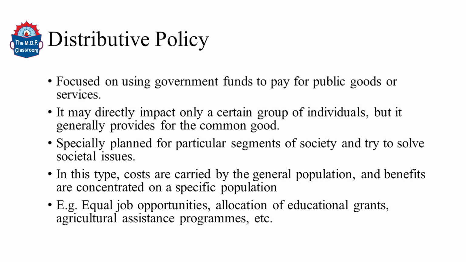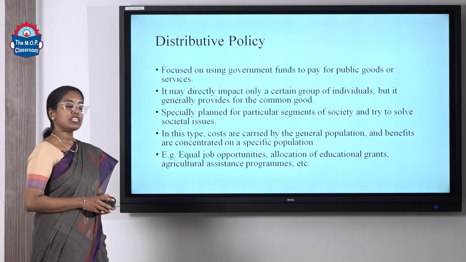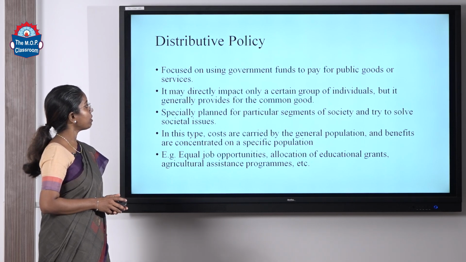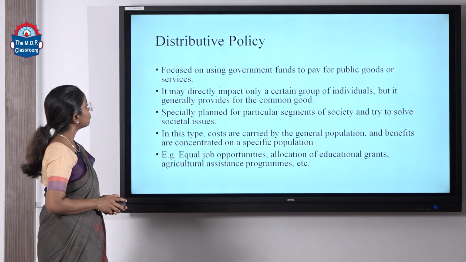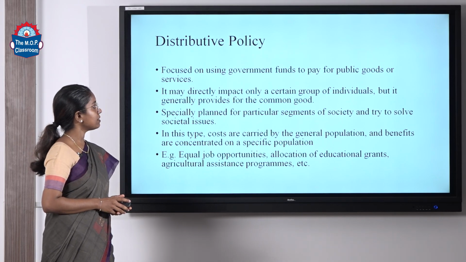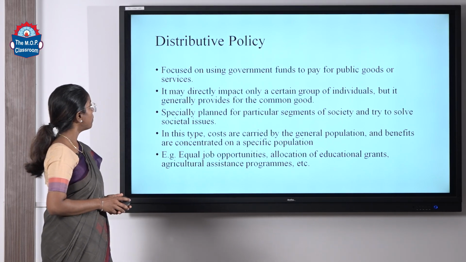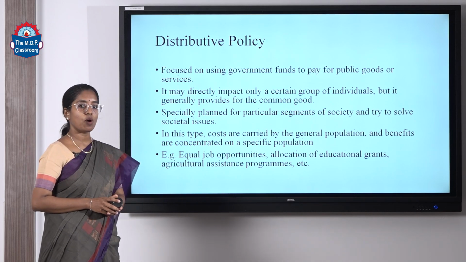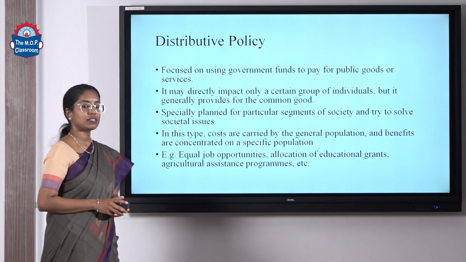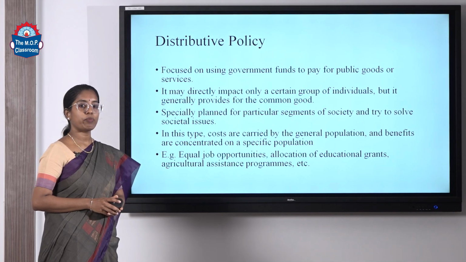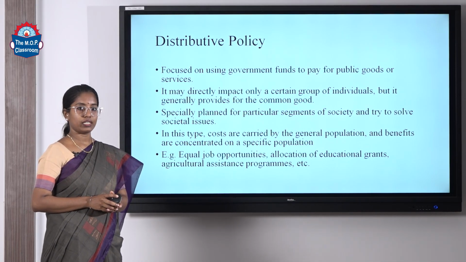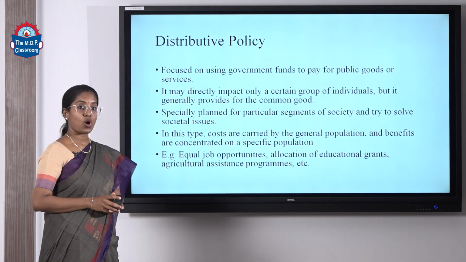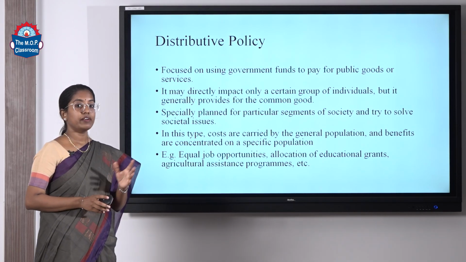The first typology is the distributive policy. It is focused on using government funds to pay for public goods and services. It may directly impact only certain groups of individuals, but it generally provides for the common good. What it actually means is that this type of public policy is planned for a particular segment of the society, but it costs the entire population.